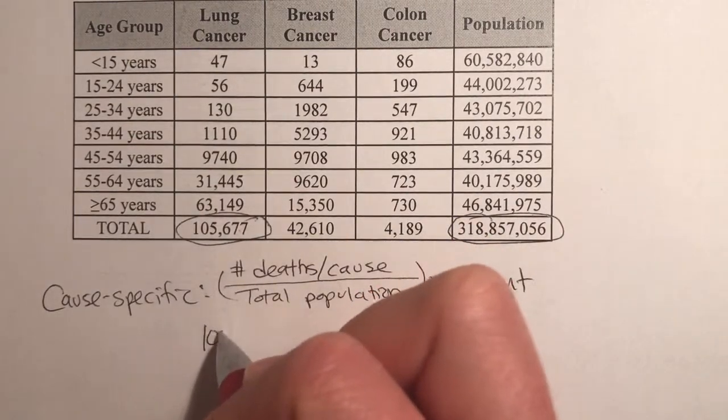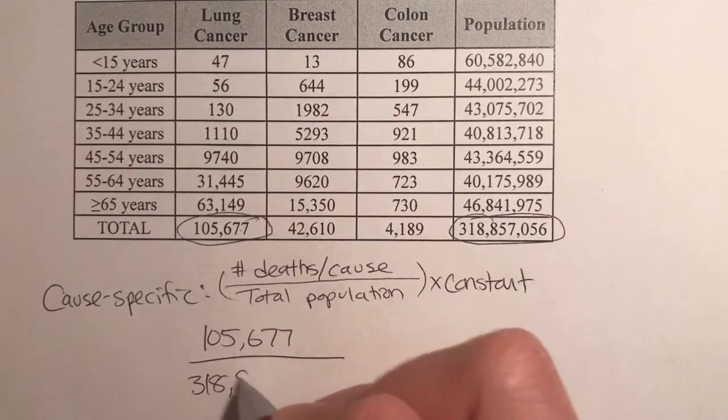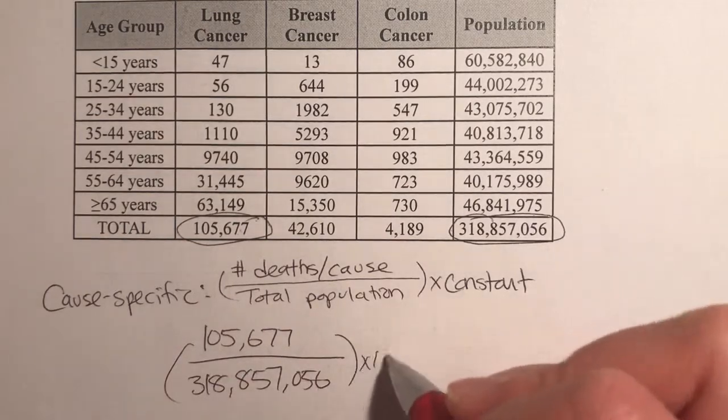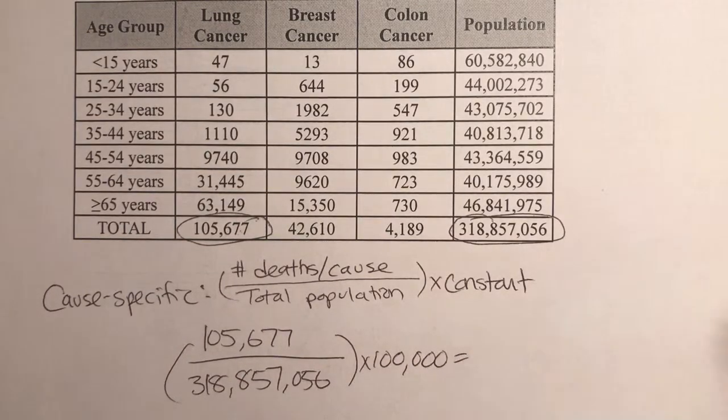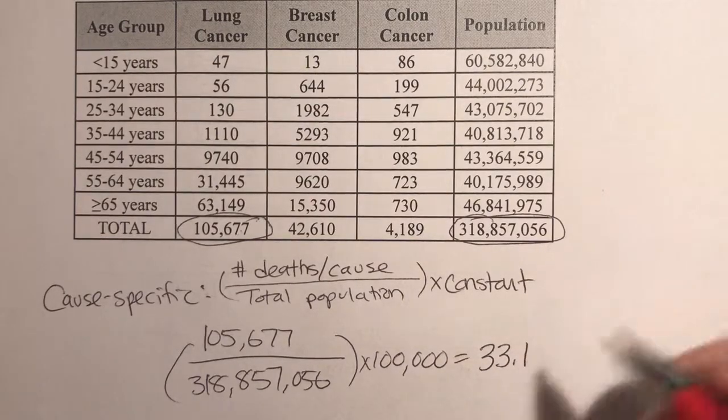So we can plug these numbers into our equation and then plug them into our calculator to find our cause-specific mortality rate for lung cancer. So we have 105,677 divided by 318,357,56, multiplied by 100,000, which gives us 33.1.